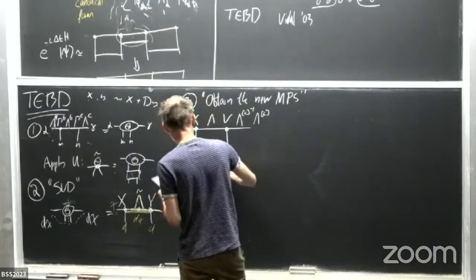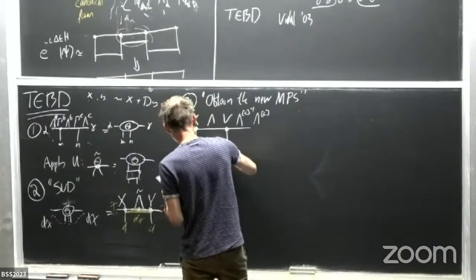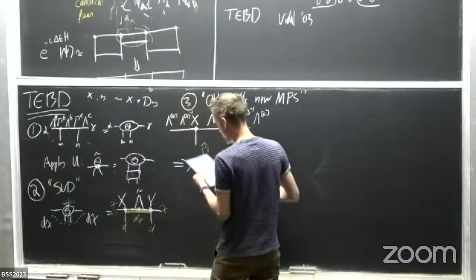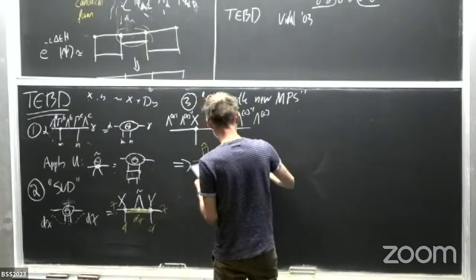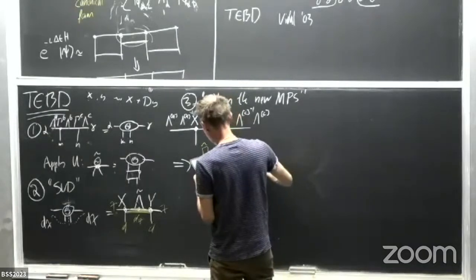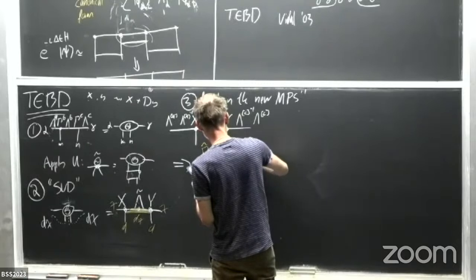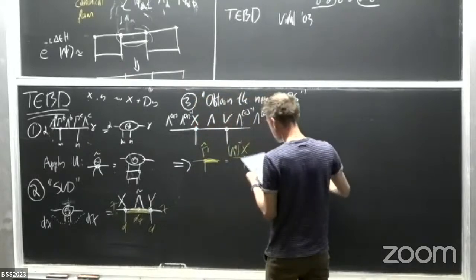And from this form, what I find, and maybe I do this in red or in orange, is that my theta tilde, where I have a big bond dimension, is equal to my X, where I'm applying my lambda A inverse.